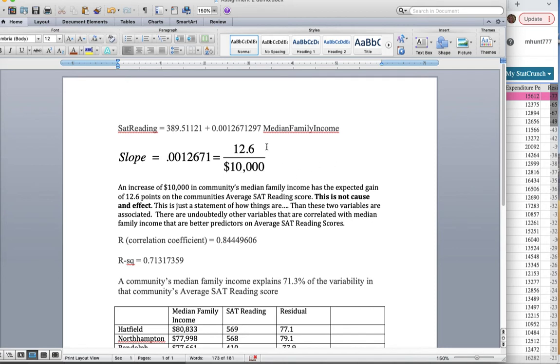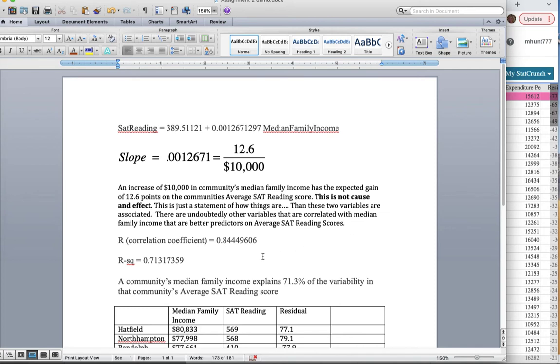Dollars, points on SAT. This is not cause and effect. It's just a statement about how things are. That is, these two variables are associated. There are undoubtedly other variables that are correlated with SAT scores other than median family income.